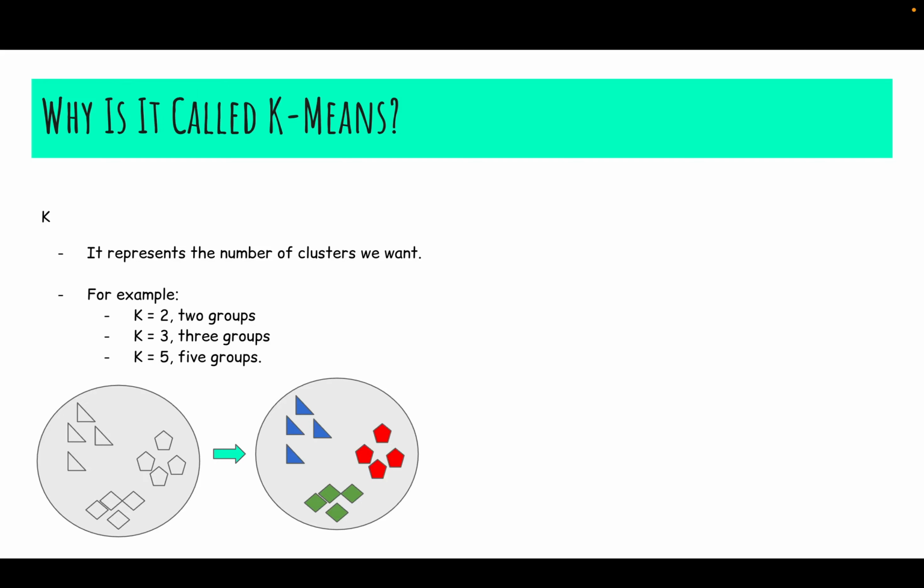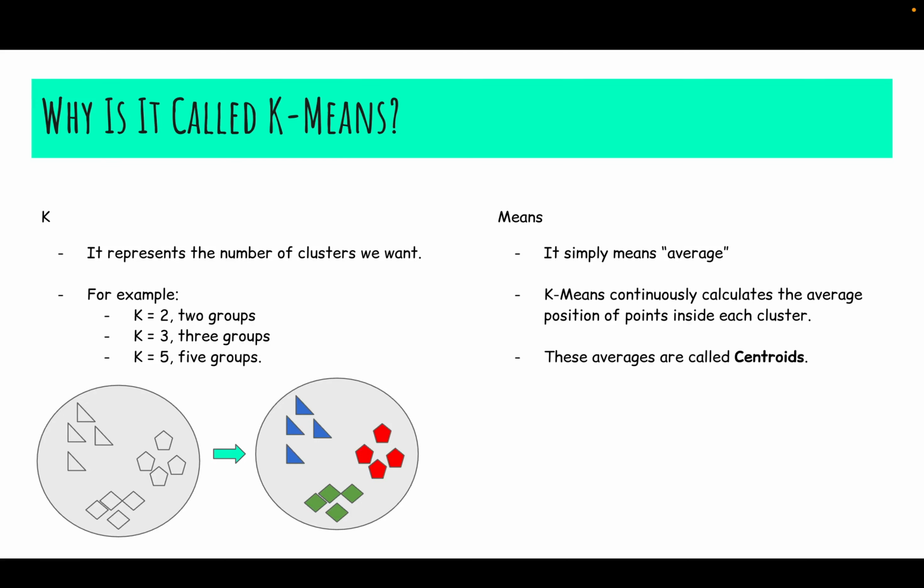Now the second part of the definition is means, which simply means average. So when you apply k-means, it will continuously calculate the average position of points inside each cluster. Basically, once you have one random cluster, you will start calculating the average position of the points. This will lead to something called centroids. So these averages are called centroids.